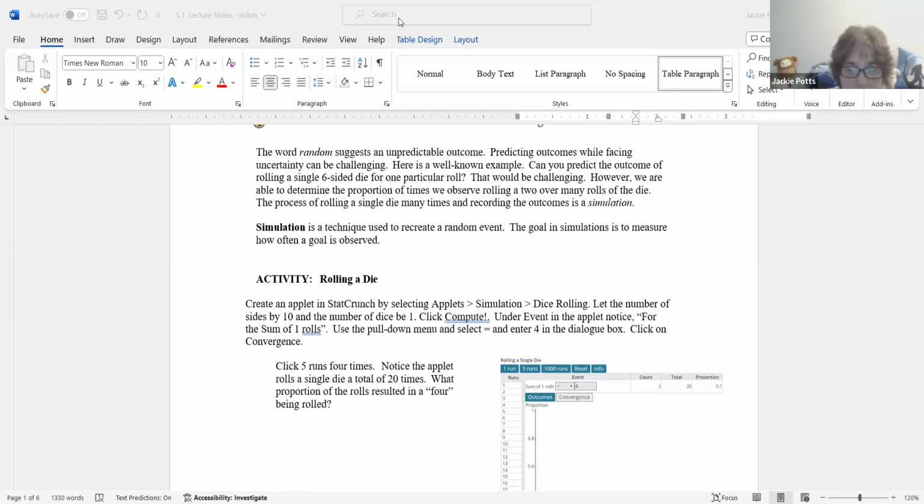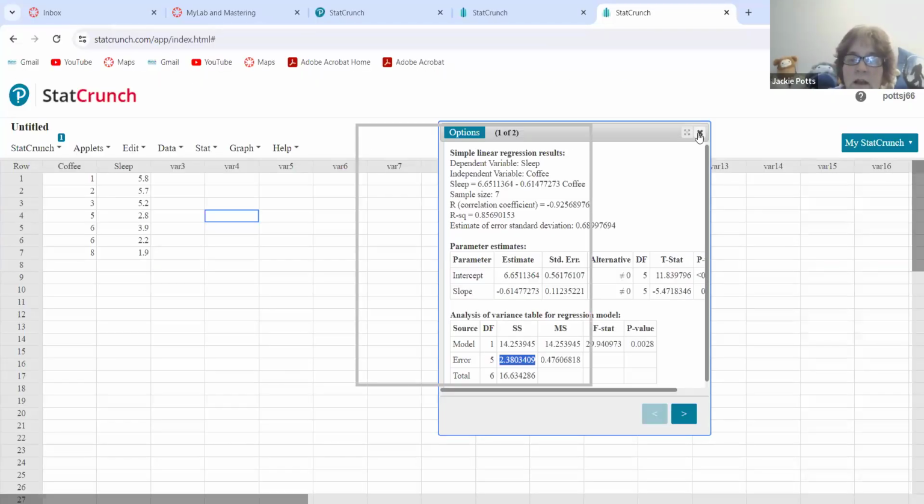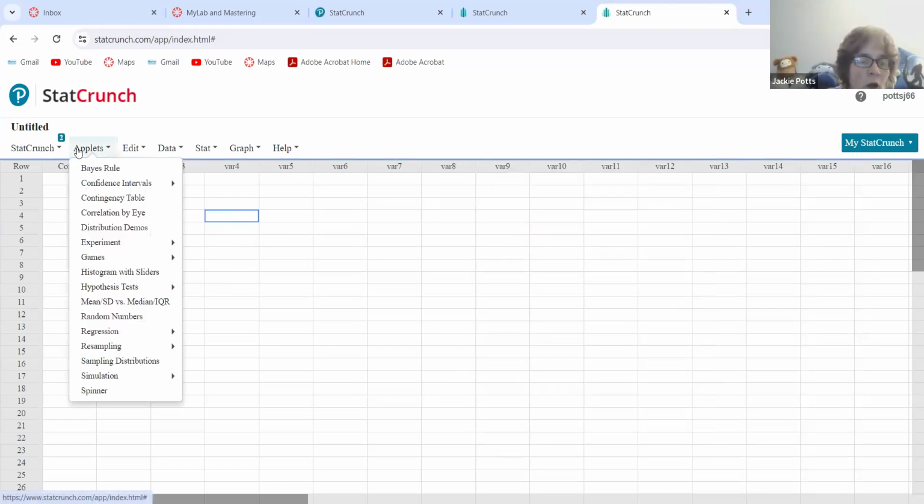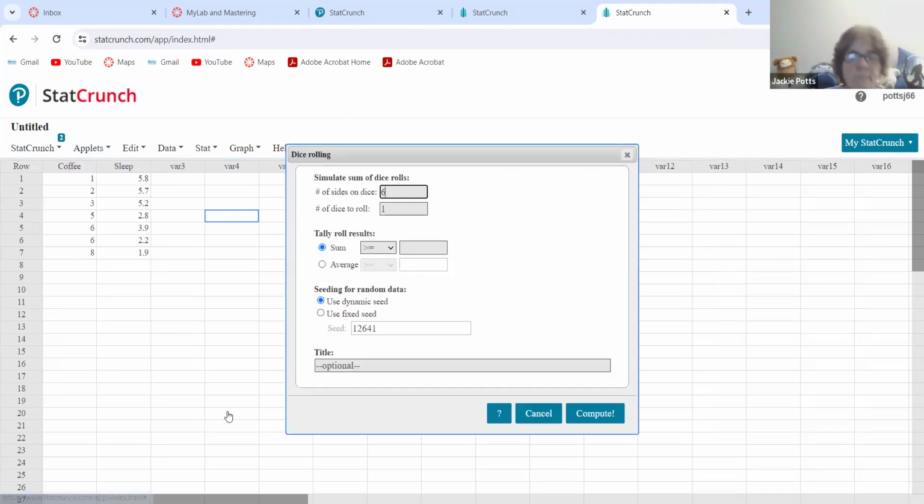So here's my StatCrunch, and I still didn't clear it from the last video. That's okay. So applets, simulation, dice rolling, numbers on the die, 6.